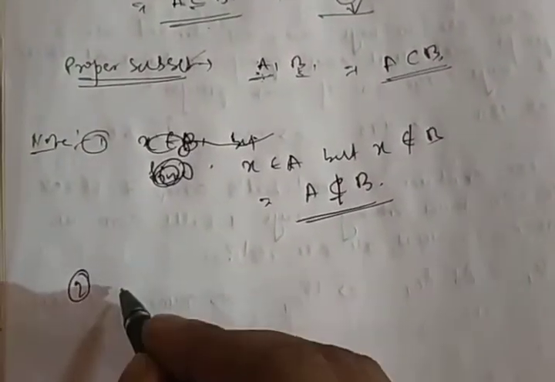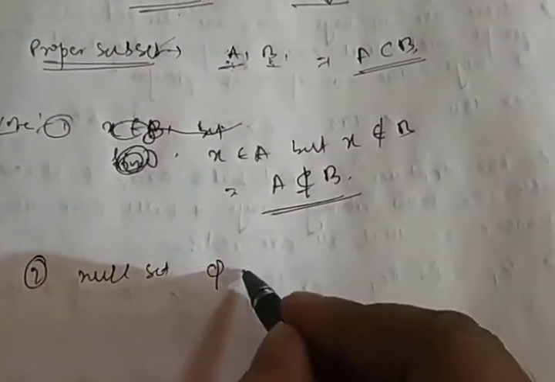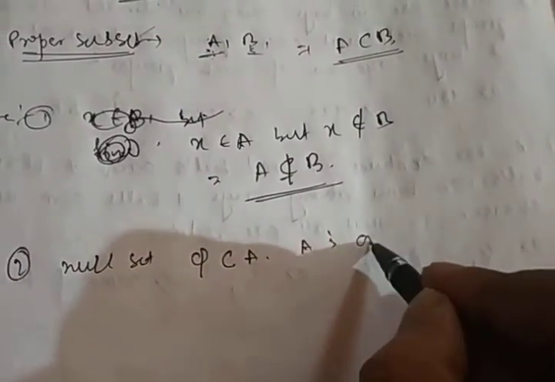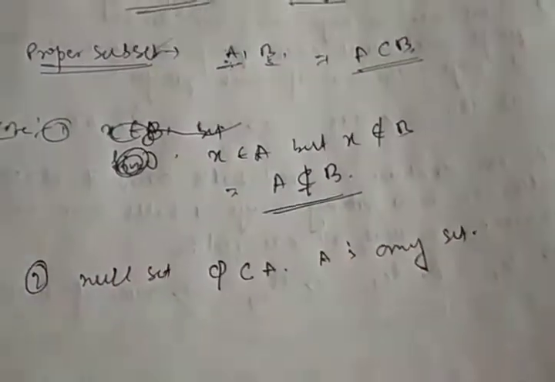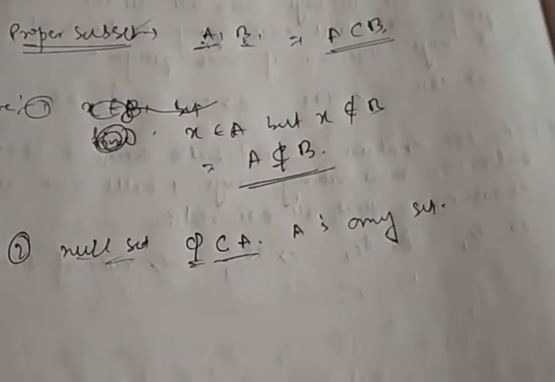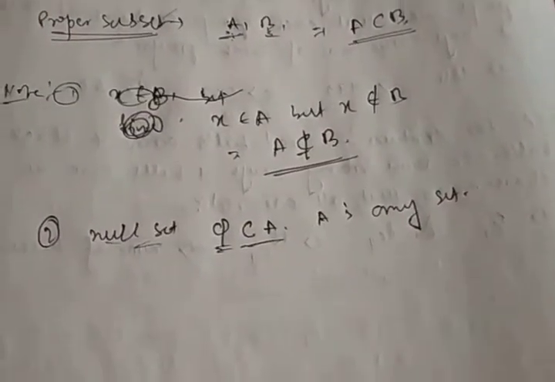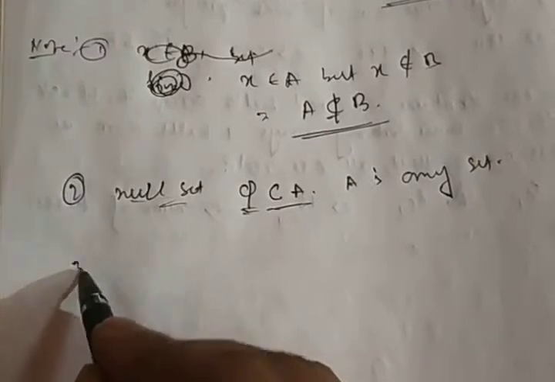Note 2: the null set phi is a subset of every set A, where A is any set. The null set is always a subset of any set. Third note: an element of a set cannot be a subset of that set.